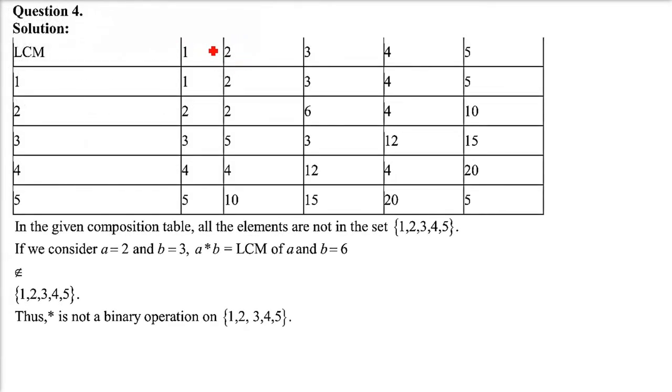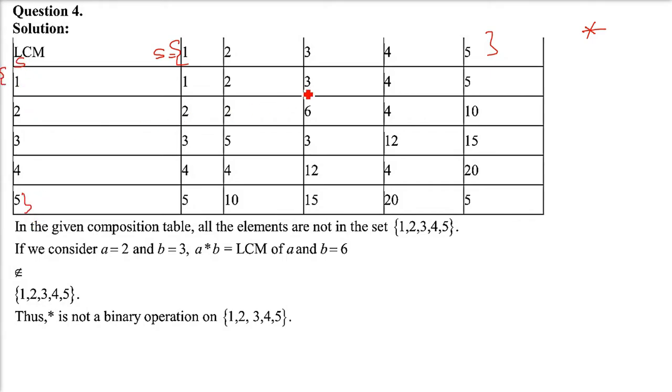Coming to question number 4, it is given: is star defined on the set? This star is an operation defined on the set. The set is already given. Let me show you here in the first row and first column. This is already a set which we are defining: 1, 2, 3, 4, 5. This is also a set.